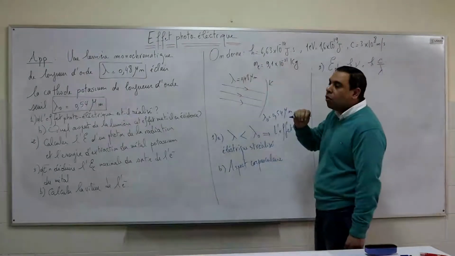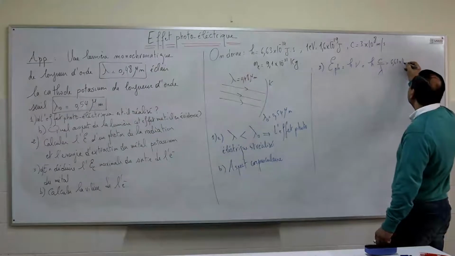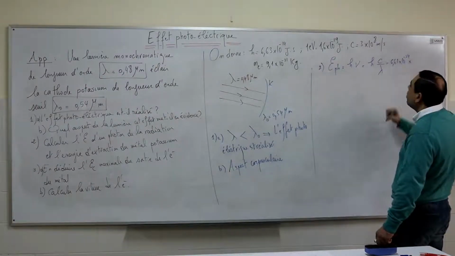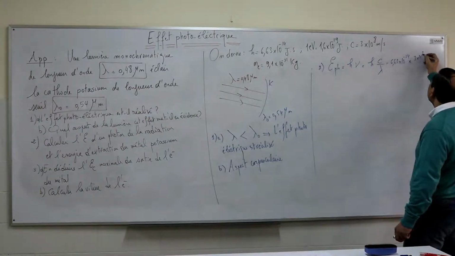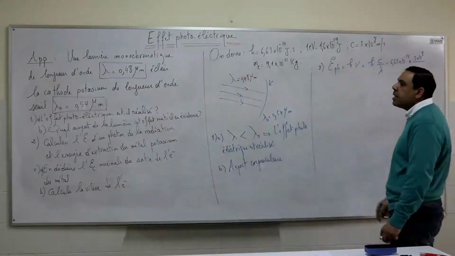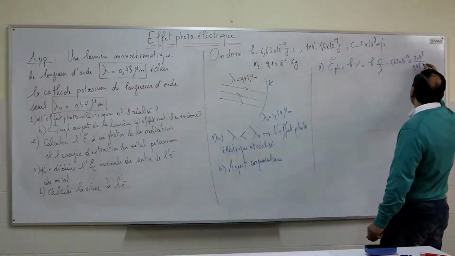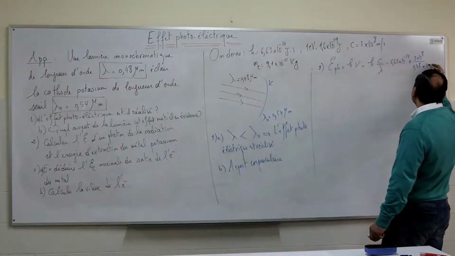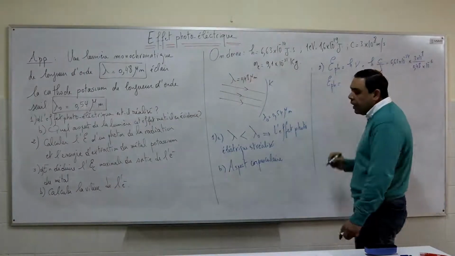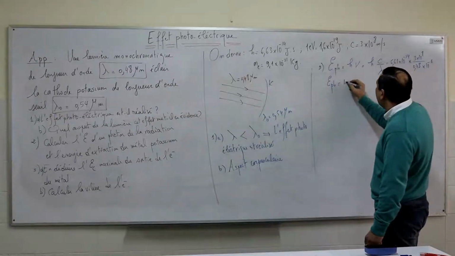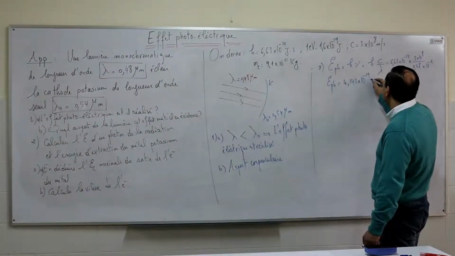From the given, we can get the values: 6.63 times 10 exponent negative 34 times 3 times 10 exponent 8 over 0.48 times 10 exponent minus 6, and the answer is 4.143 times 10 exponent minus 19 joules.